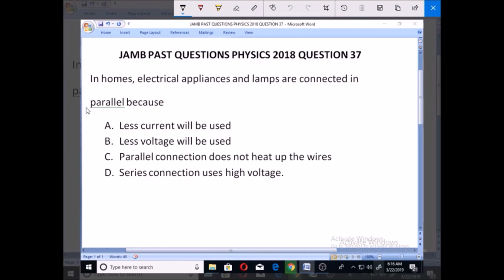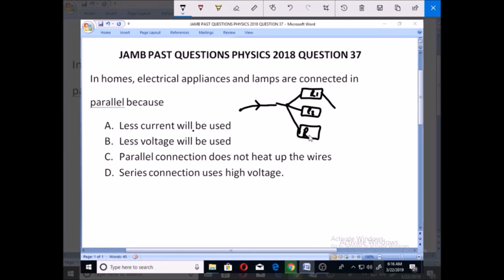Now, for us to appreciate this, we need to understand what parallel connection is basically. Now we have your voltage source bringing in voltage across these loads. So we have the first load here, we have the second load, then you have the third load.